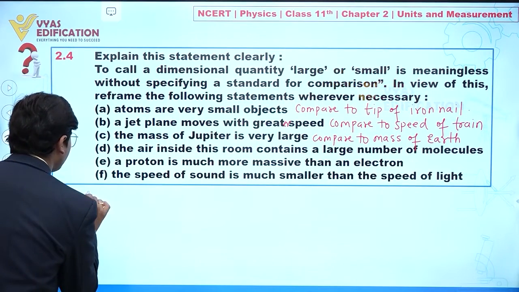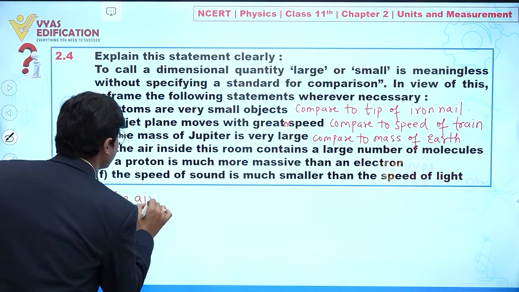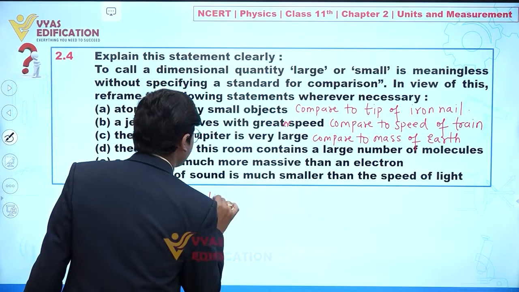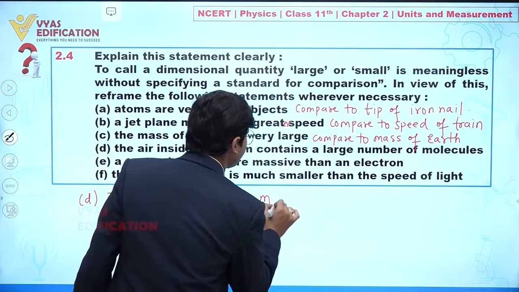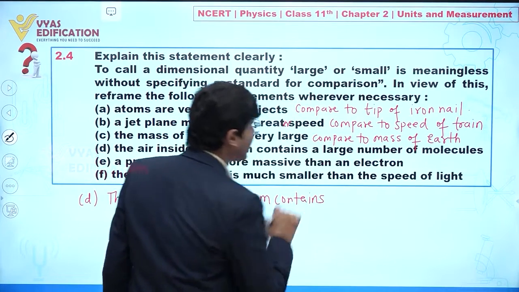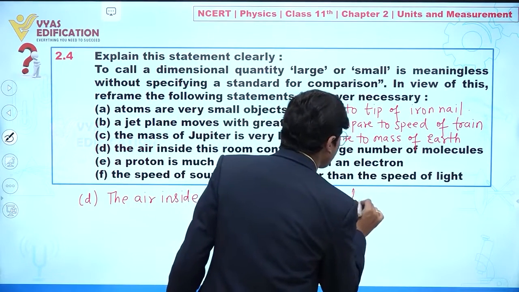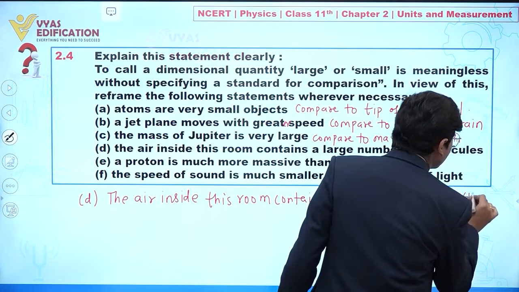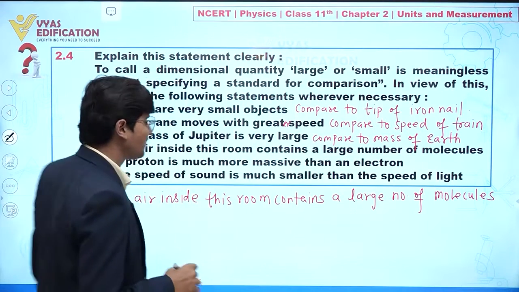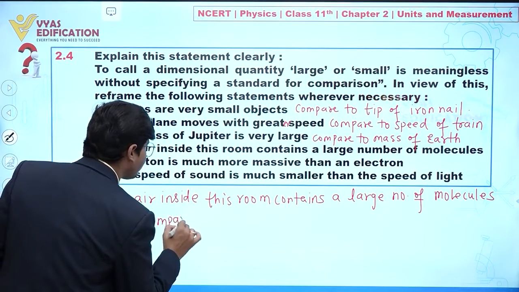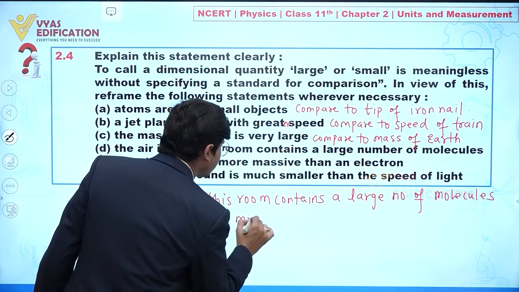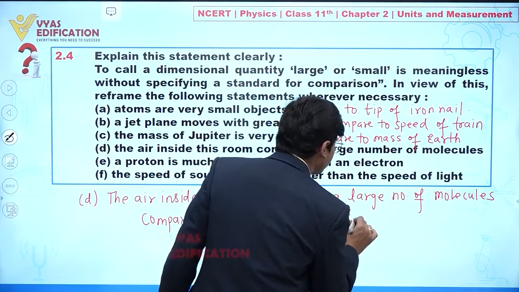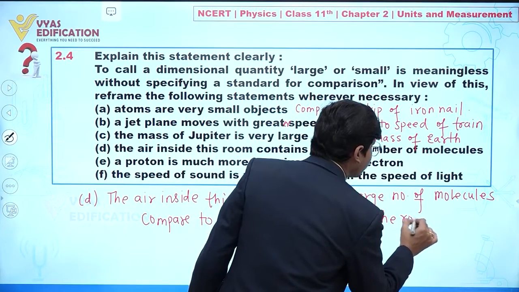We will write it like this. Number D. The air inside this room contains a large number of molecules, compared to 1 mole of air, inside the room.